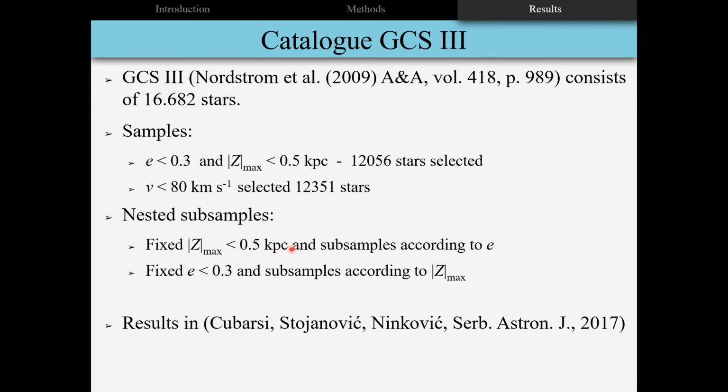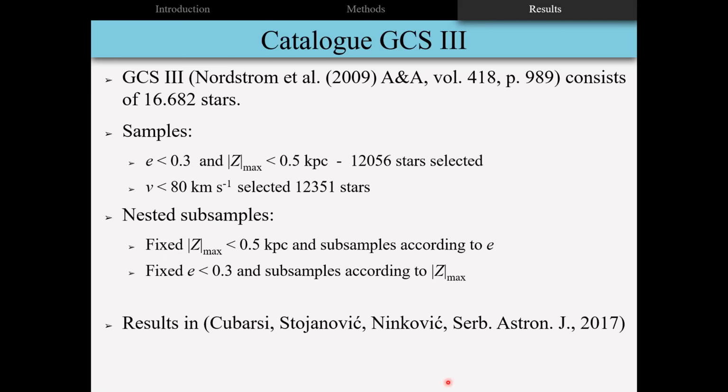So we chose two families of nested subsamples, which were selected for decreasing planar and vertical eccentricity, and we used them for the relation between mean square planar and vertical eccentricity and velocity dispersion.